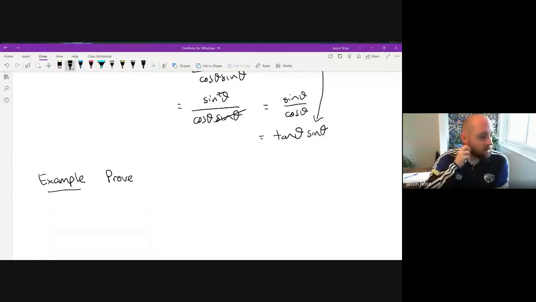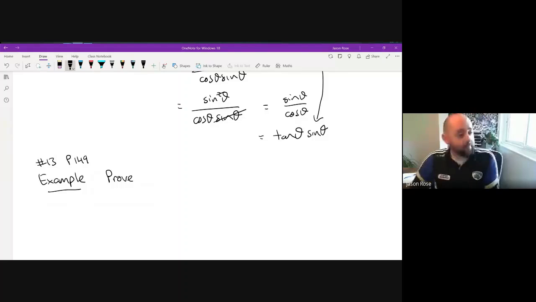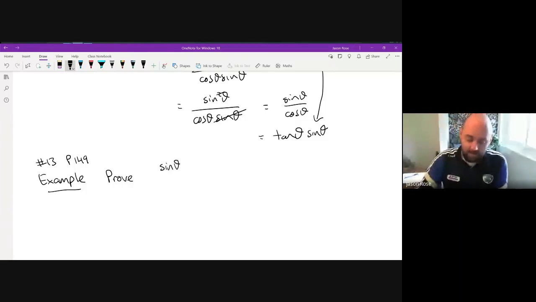Let's do number 13 in the textbook, page 149. So, last one: prove that sine theta plus tan theta, divided by 1 plus secant theta, is equal to sine theta.